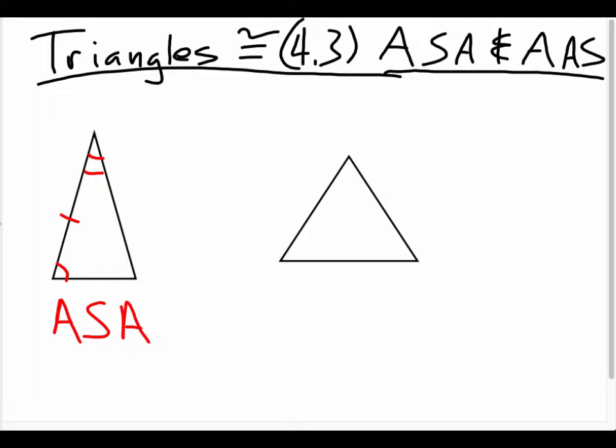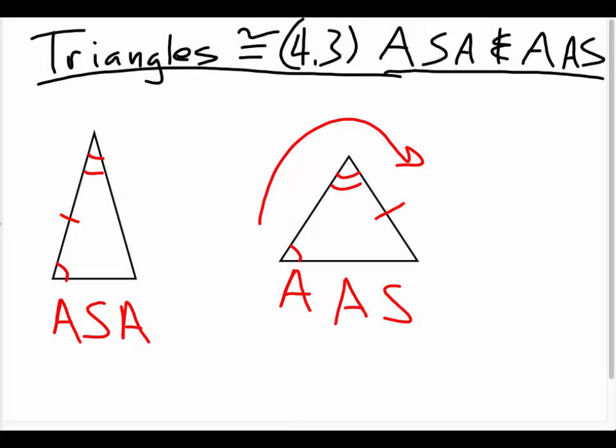Okay? And then if I'm referring to angle, angle, side, then it would be two angles and then the other side. Okay? So you have to kind of rotate around the triangle. And it doesn't have to be clockwise, but you kind of rotate around the triangle. We can go the other way too.